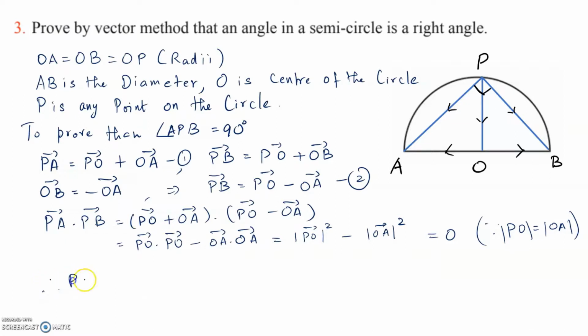Therefore, PA vector is perpendicular to PB vector. Therefore, angle APB is equal to 90 degrees.